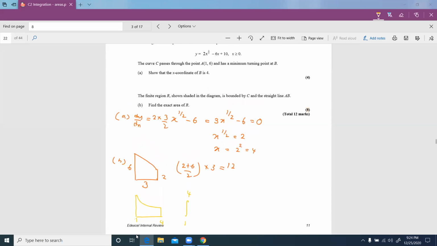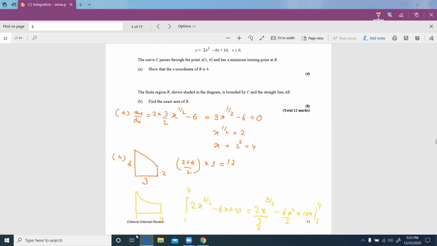The curve is 2x to the power 3 over 2, minus 6x, plus 10. If you do this integration, 2x to the power 3 over 2 plus 1 is 5 over 2, over 5 over 2, minus 6x squared over 2, plus 10x, from 1 to 4.